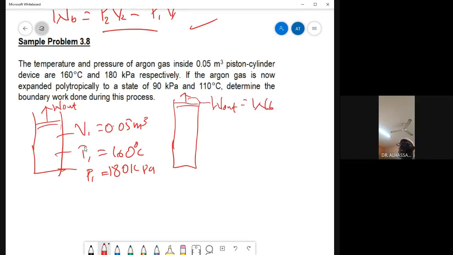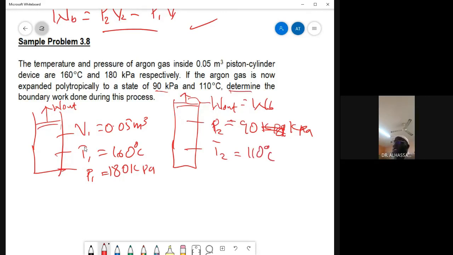If the argon gas is now expanded polytropically to a state of 90 kilopascal, so the final pressure, P2, equals 90 kPa, and then T2, 110 degrees Celsius.